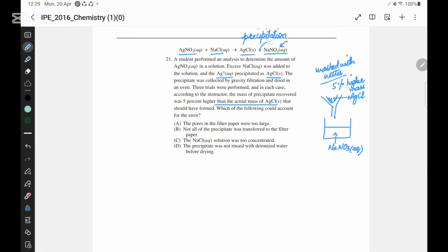Why is it going to have higher mass? Because they are not washed and the quantity of NaNO3 is over there. So option D is going to be the right one, which is saying the precipitate was not rinsed with deionized water before drying.